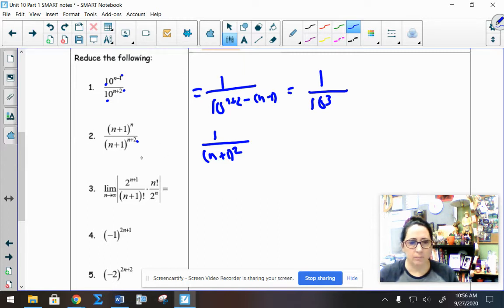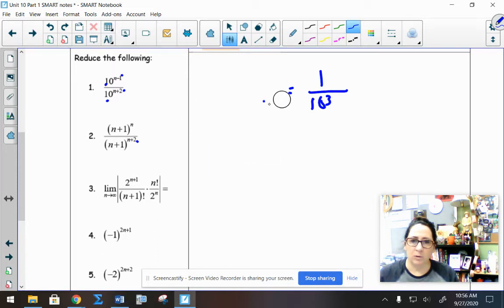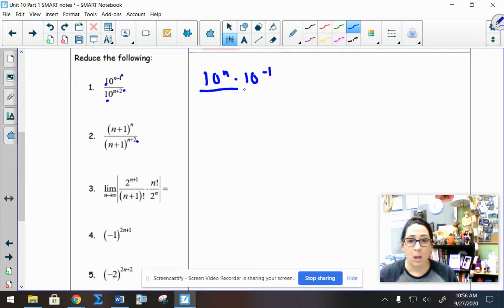Another way that you could see them, if that was confusing, let me just show you one more way, is you could split up the exponents. You could say this is 10 to the n times 10 to the negative 1 over 10 to the n times 10 to the 2, because when you add exponents, it's because you multiplied the same base.